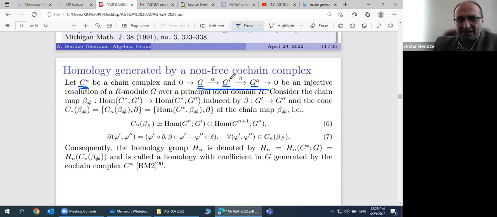And this homomorphism induces the chain homomorphism between Hom groups, Hom defined by G prime, to Hom defined by G2 prime. So instead of this group, I will pay attention to the induced homomorphism by beta between chain complexes.